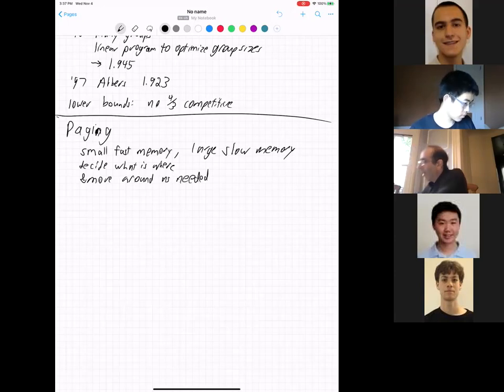Now, the difference in cost between these memories can be huge, right? It can be factors of tens or hundreds or even thousands between your fast memory and your slow memory. So even one access to slow memory is as slow as a tremendous number of accesses to fast memory. So if you're going to access slow memory, you want to make it count. So what you do is you divide your memory into pages.